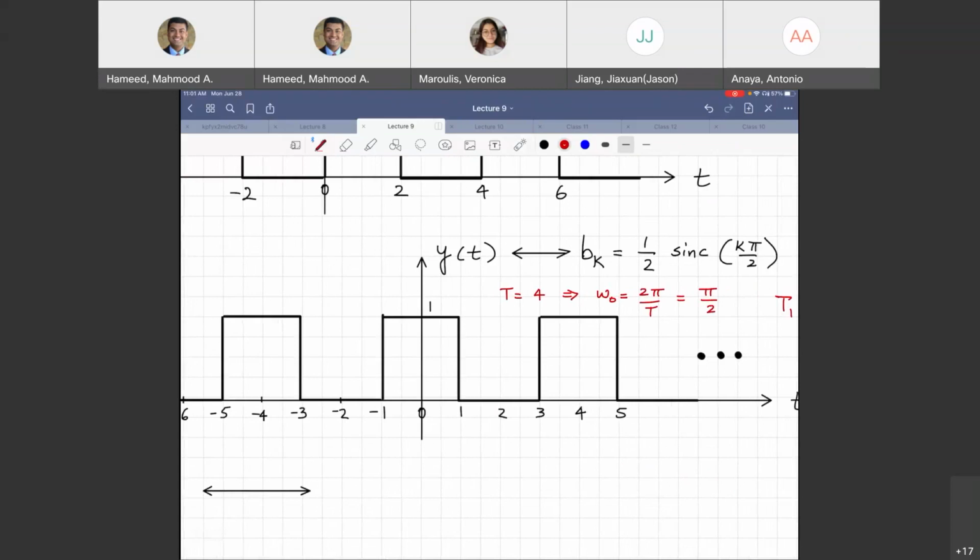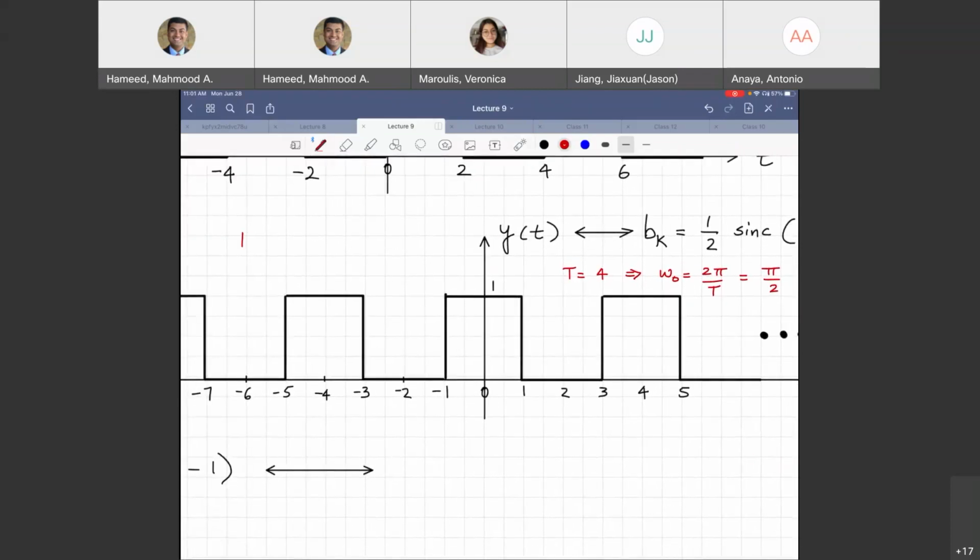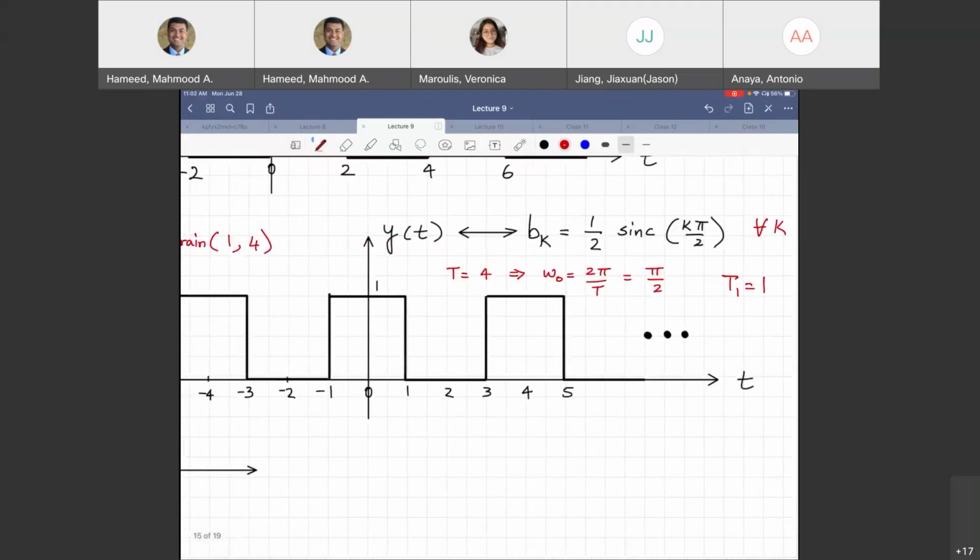If there is a pulse train, this was our pulse train, with T1 and T. For that, we had 2 T1 divided by T times sinc of k omega naught T1. If you plug in all the numbers, you will get half sinc of k pi over 2 for all k.